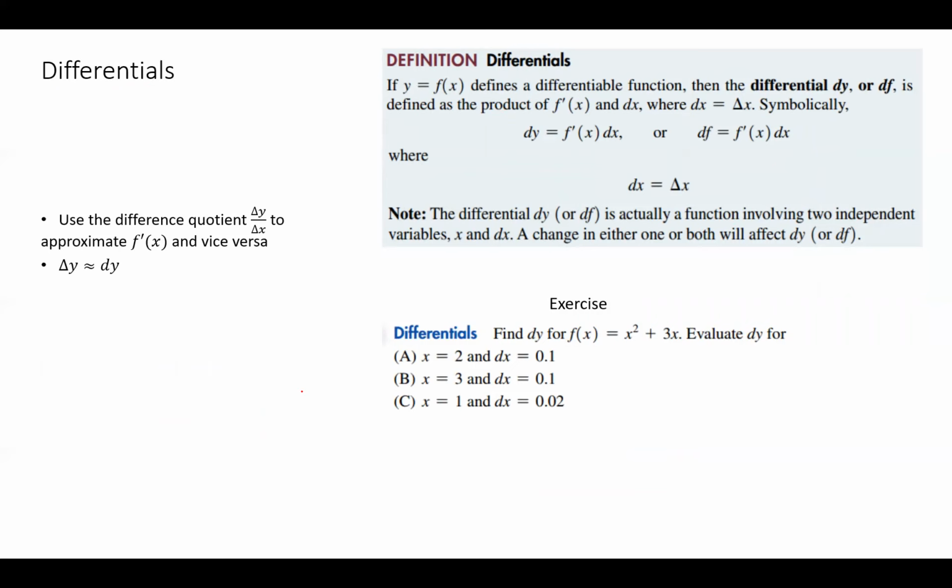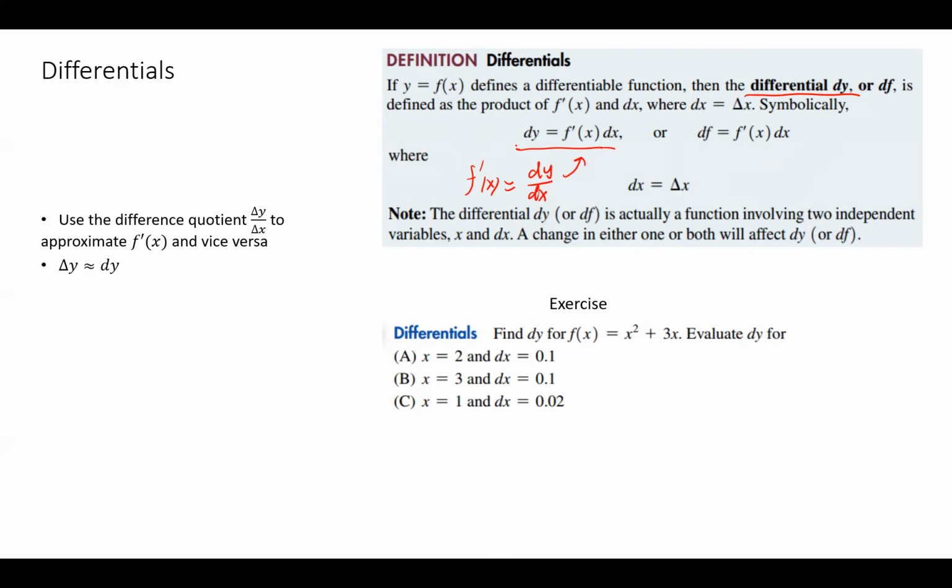For differentials, we are now using the derivative to express the change. So what is a differential? We express it as dy, where d stands for differential, and it can be calculated using this. We know that the derivative is dy over dx, so you can just multiply by dx to get this expression.